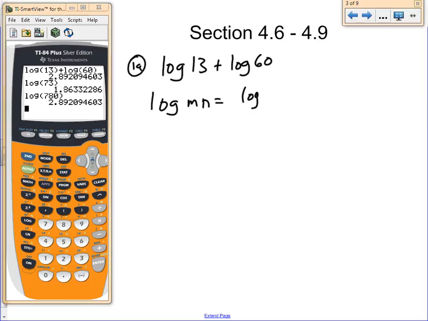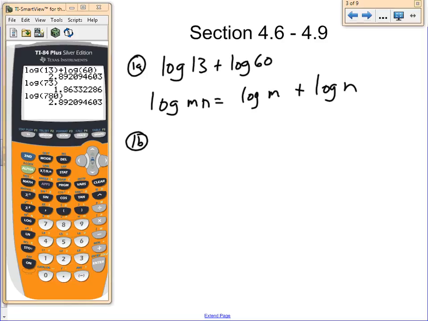Log of m plus log n. You got to check those documents. If you look at them, guys, there was a reason we did that stuff. If you go back and look at it, it'll help you with this stuff. You may not remember this one.